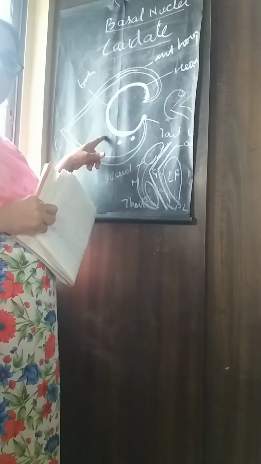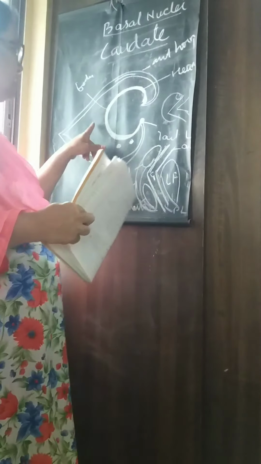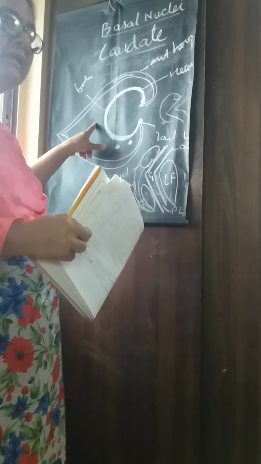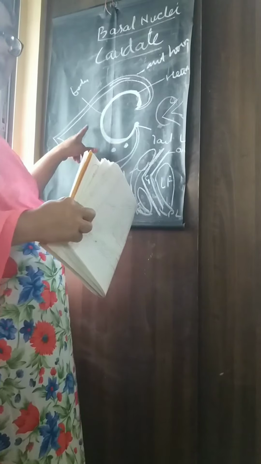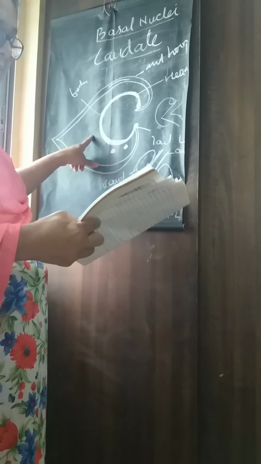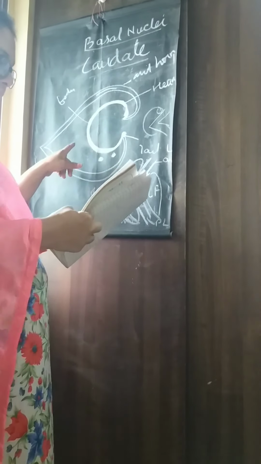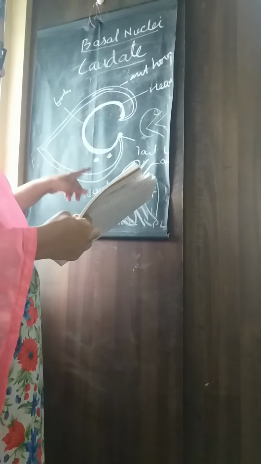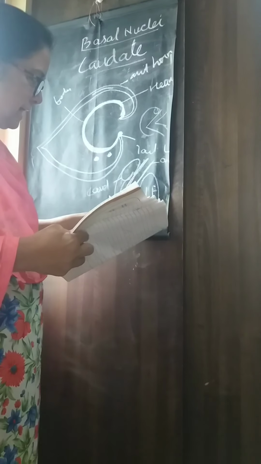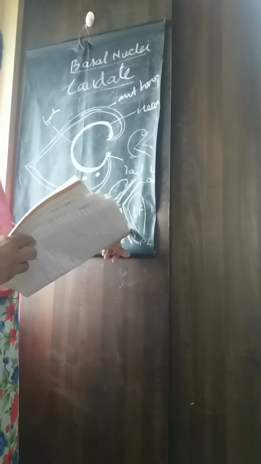The body is related to the central part of the lateral ventricle. And the body forms the medial wall of the posterior limb of the internal capsule.